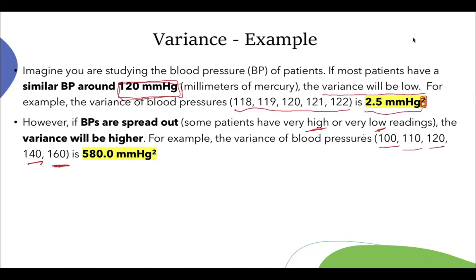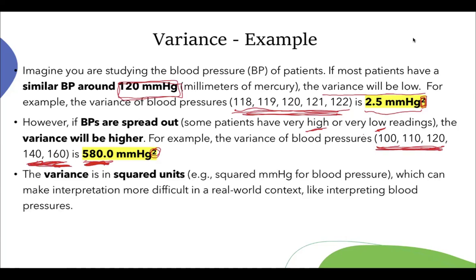That's more variable than this set right here with the 118 through 122. So measuring the variance on this second set of numbers is going to give a much larger value, in this case 580 mmHg squared. And I'll show you how to do that on the calculator as well. Much higher variance is associated with greater variability in our sets of values.